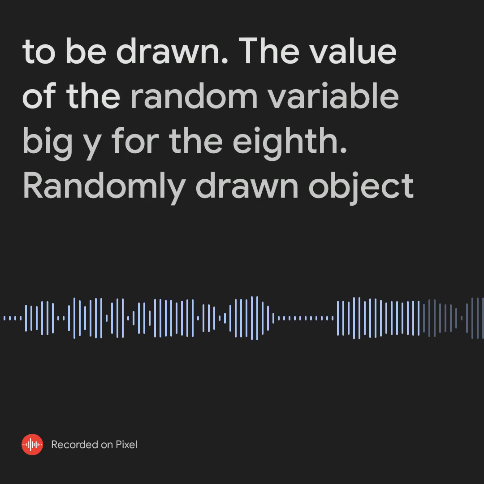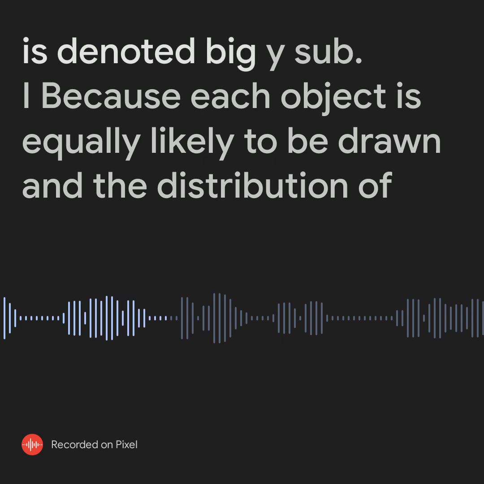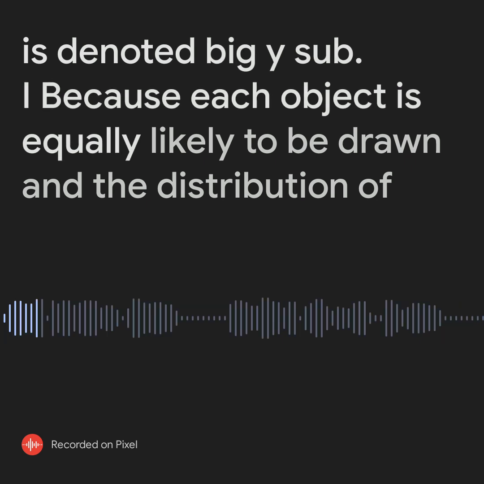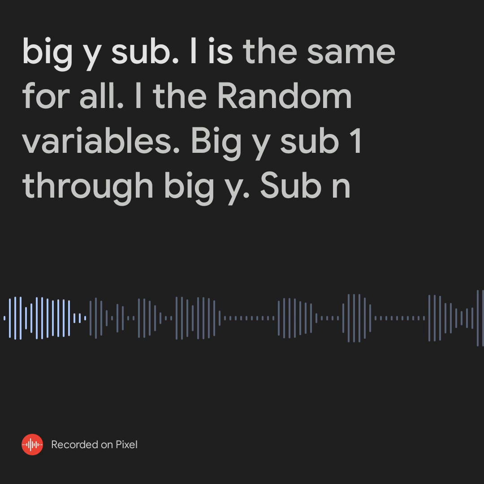The value of the random variable Y for the ith randomly drawn object is denoted Y sub i. Because each object is equally likely to be drawn, the distribution of Y sub i is the same for all i.